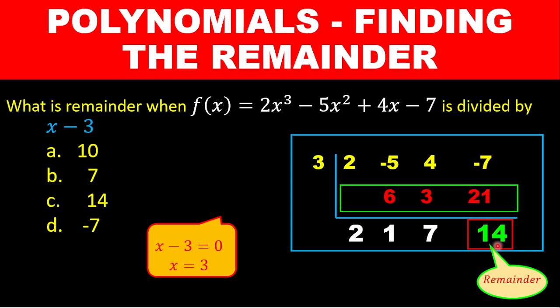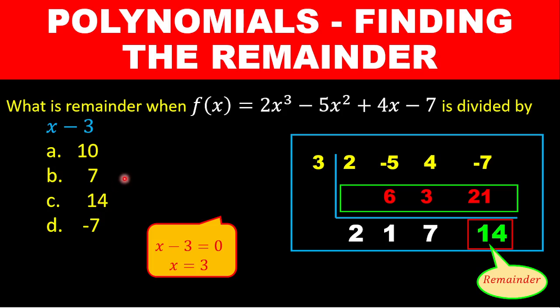So the last number here is always going to be your remainder. So please pay attention carefully. So that means when we divide f of x by x minus 3, the remainder is going to be 14. So when we go through the possible answers, the right answer is option C. That is 14. And we are done for question number 1.